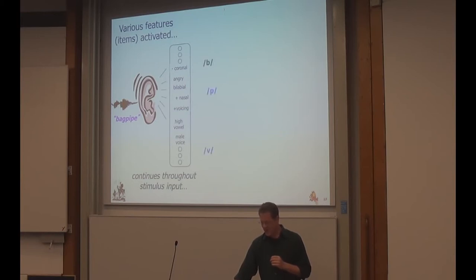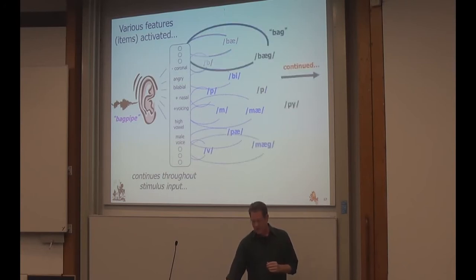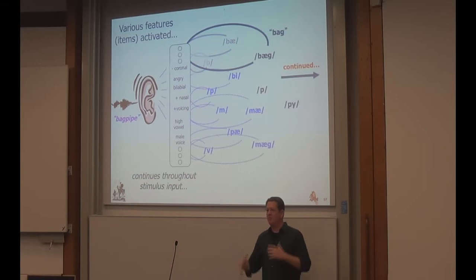It's going on through time, different phonemes are being activated and you're selecting it and then you're building strings. Ba turns into ba, turns into bag. At that point, you would think, hearing a word like bagpipe, bag would be perceptually appreciated. You would think, oh, the person is saying bag. But that almost never happens.